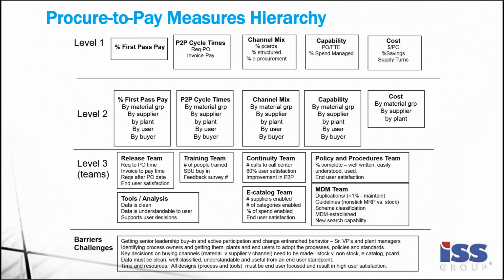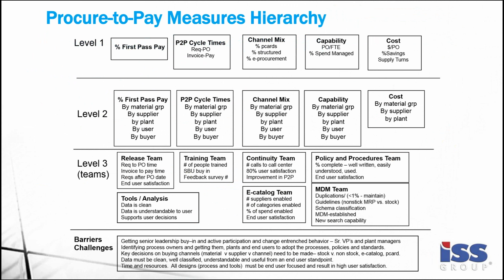The e-catalog team: how many suppliers are enabled with e-catalogs so that you can have the self-service e-catalog environment? So these are critical level 3 metrics that you need to put in place as well that give the team the direction, some feedback on how they're doing and what their contribution is to the channel mix, for example.